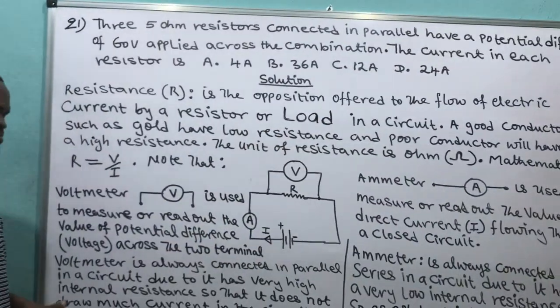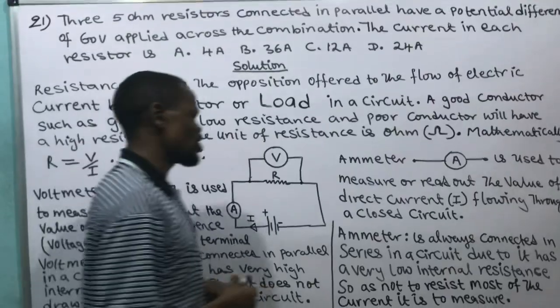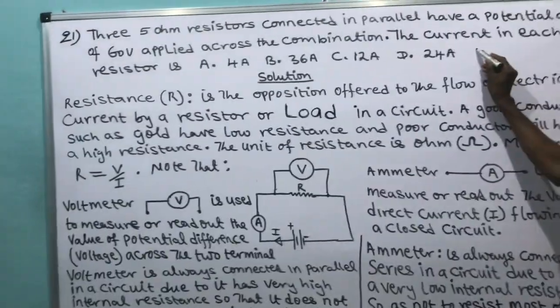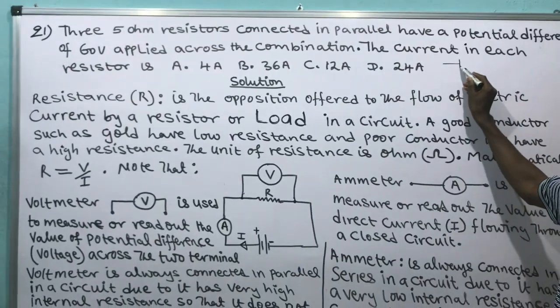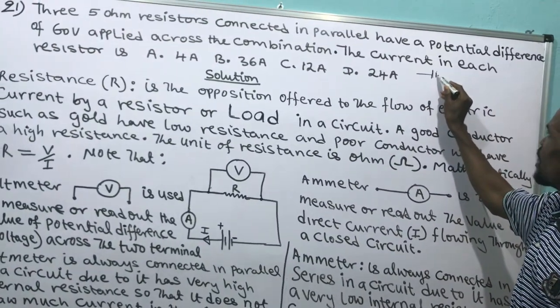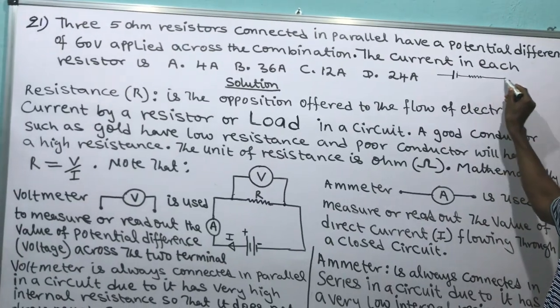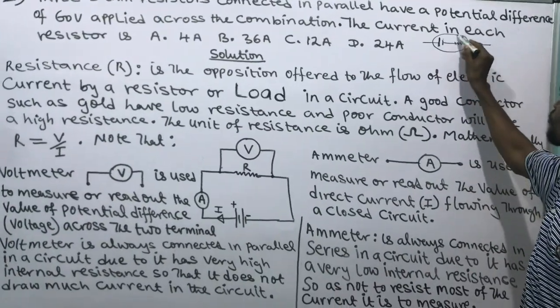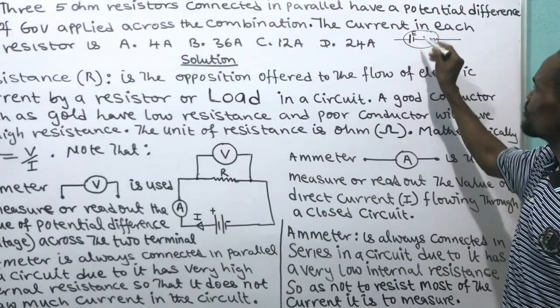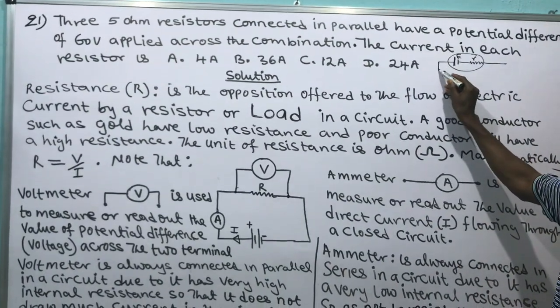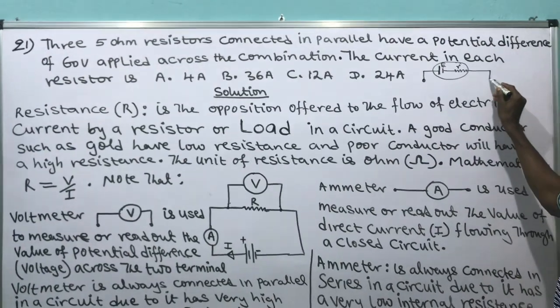What does it mean? When we say load or resistor, just like when you have your phone, look at the battery of your phone. The battery of your phone is drawn as this, and it has an internal resistance, small r, as this, and this is the EMF which the battery produces. Look at the terminal of the battery of your phone.